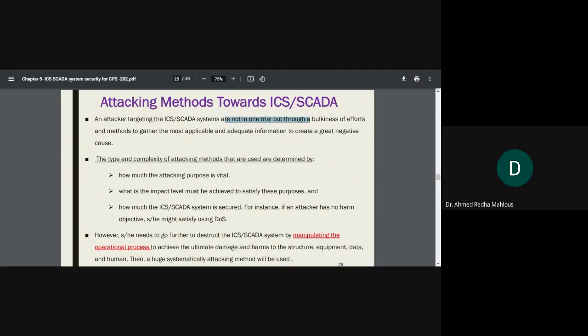However, if you have a determined attacker who wants to get inside the ICS SCADA whatever the price, they will keep trying until they achieve their goals. So the attacking method depends on how vital the attacker's purpose is, and what impact level must be achieved to satisfy this purpose.